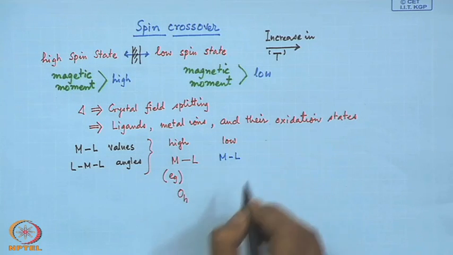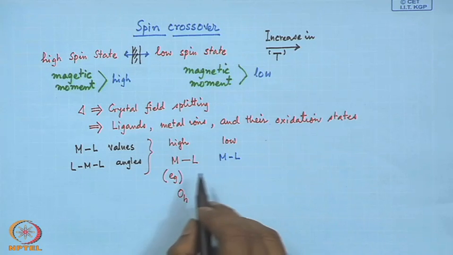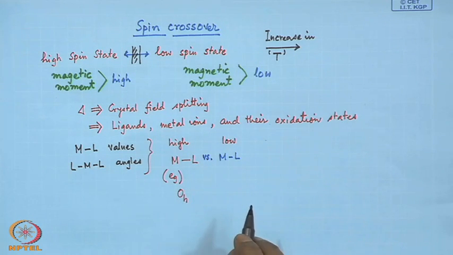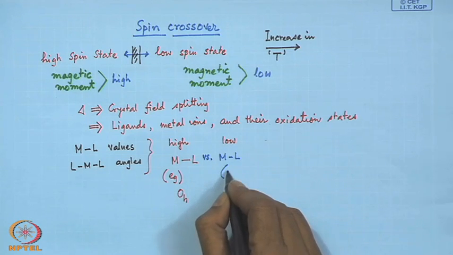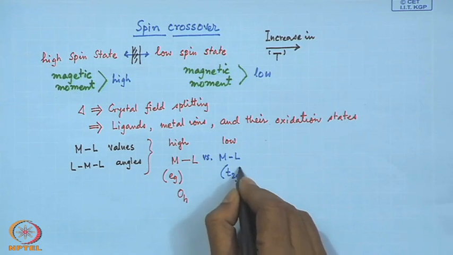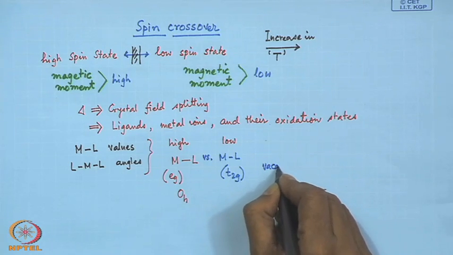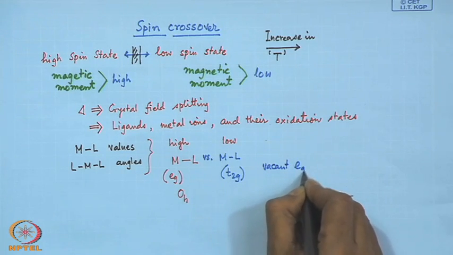Similarly, when it is low, the M-L bond distance is low, and when we compare, they are comparable. So, we have the electrons only in the t2g level and a vacant eg level.